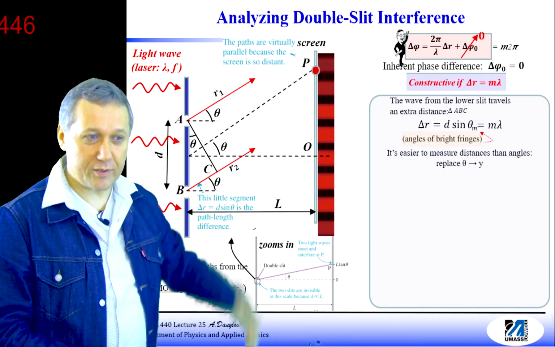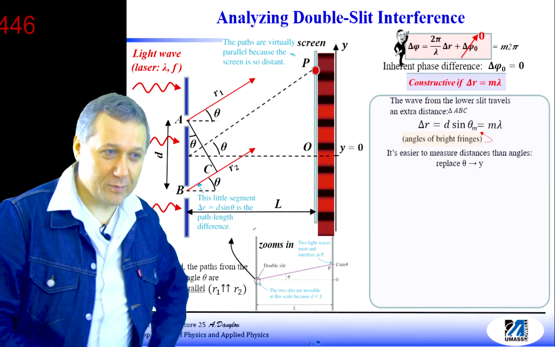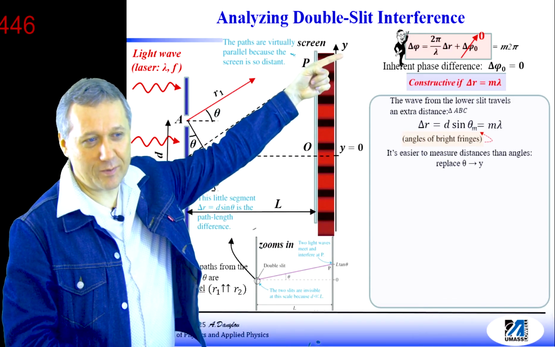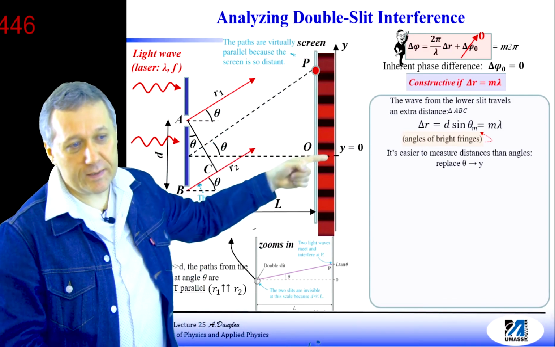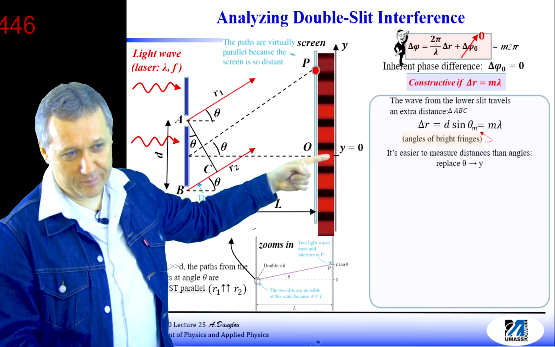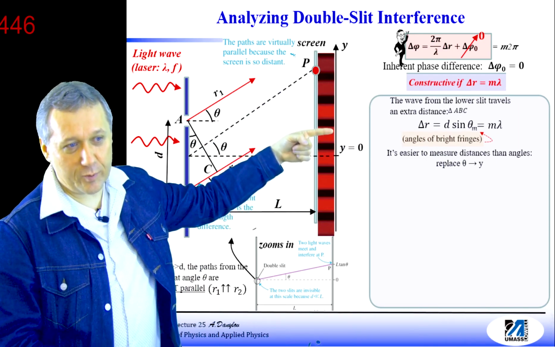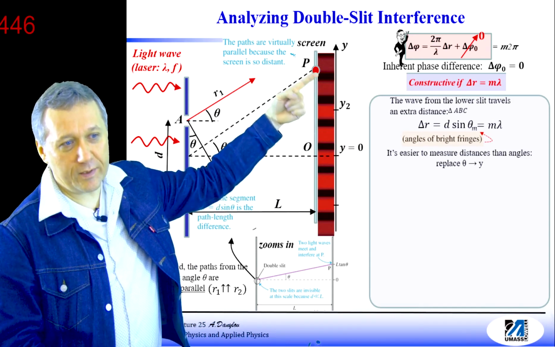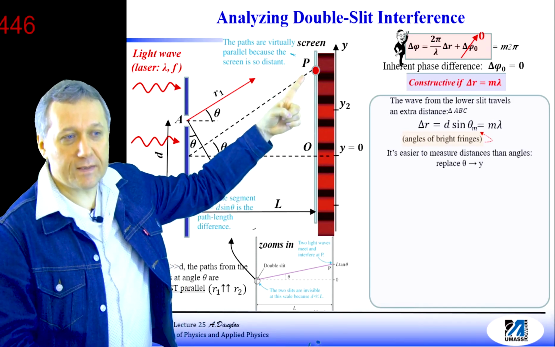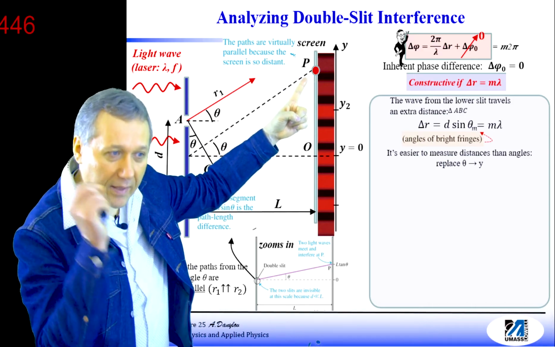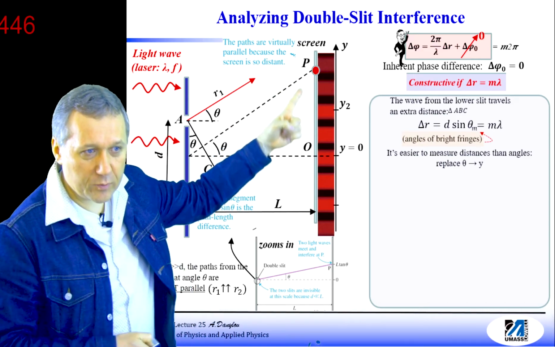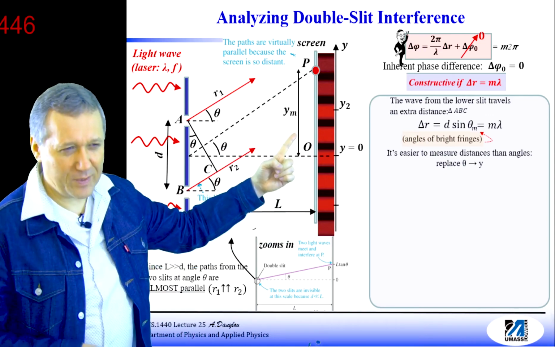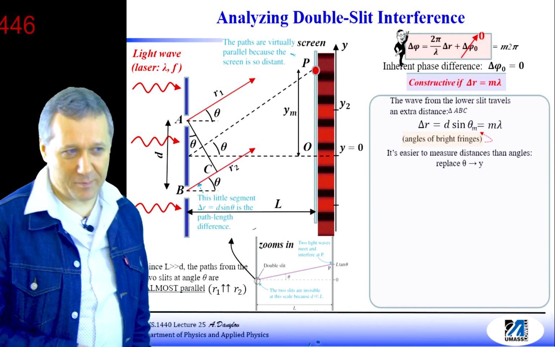The vertical y-axis goes up, and of course the origin is at the center of the screen, y equals 0. Then this will be y1, this will be y2, this will be y3, and so on. And if this is our bright spot number m, this will be y sub m.